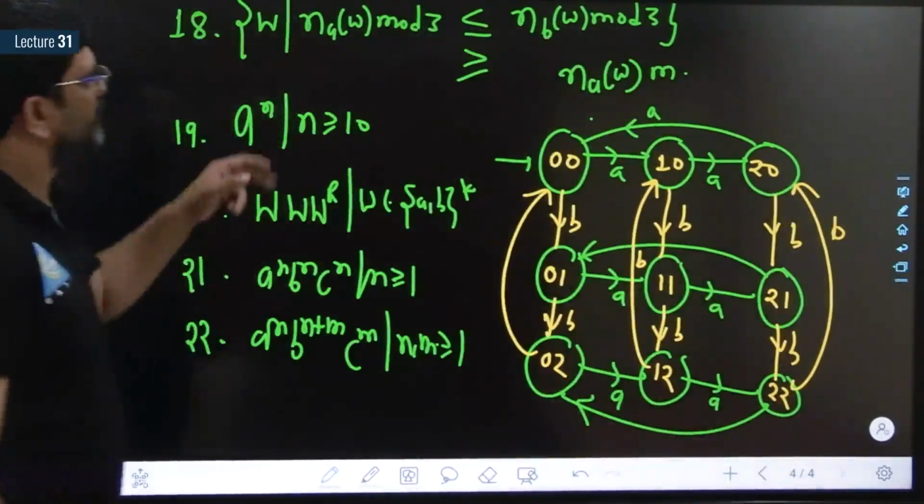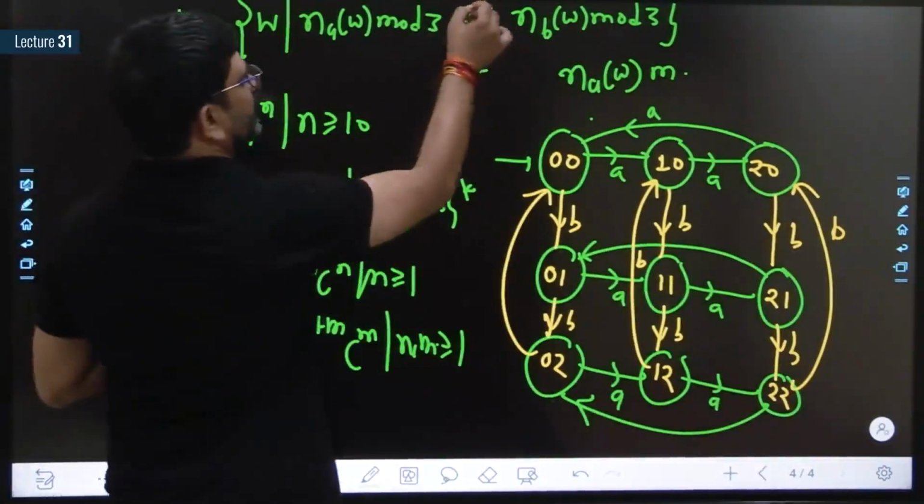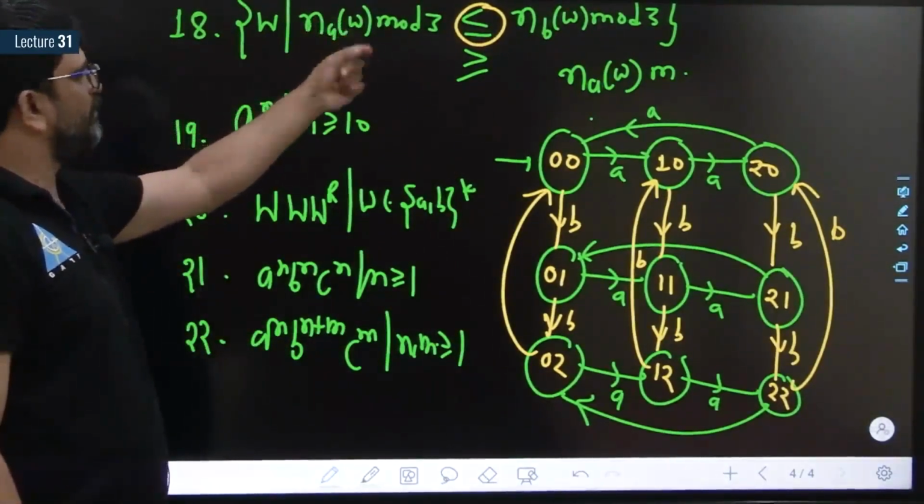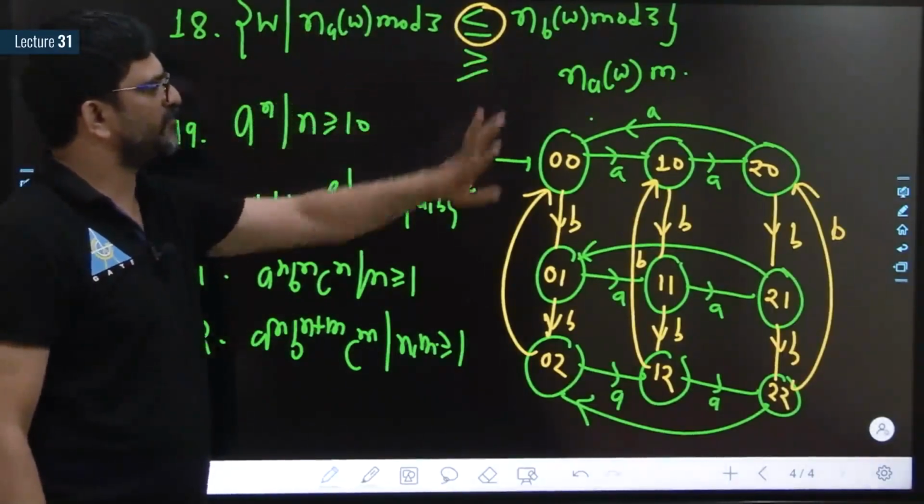Now, suppose I take this question: the number of a's in W mod 3 less than or equal to the number of b's in W mod 3.